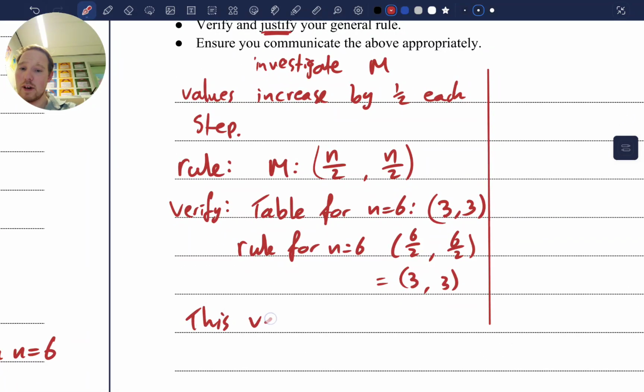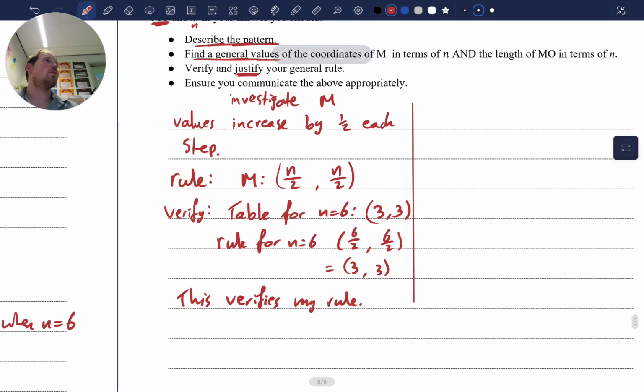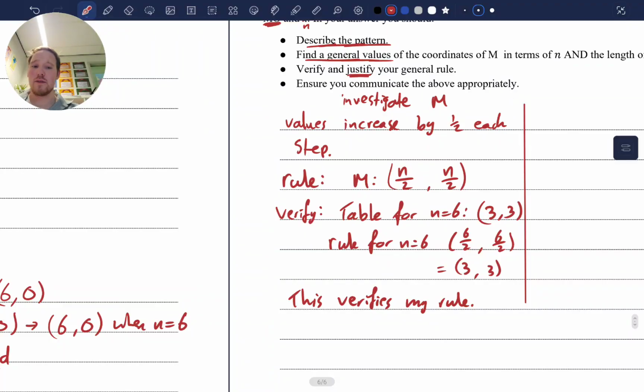This verifies my rule. Then we get to the most difficult step of this whole thing, which is a justification. So can we mathematically justify why it has to be n over 2 and n over 2?